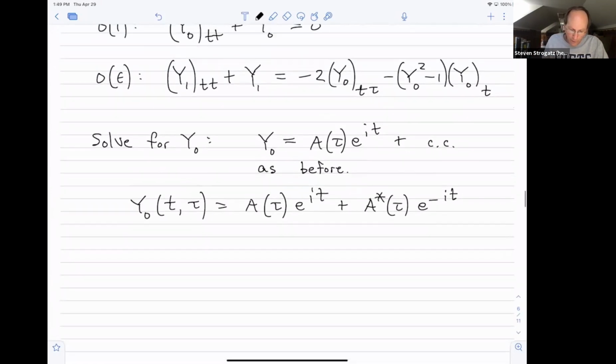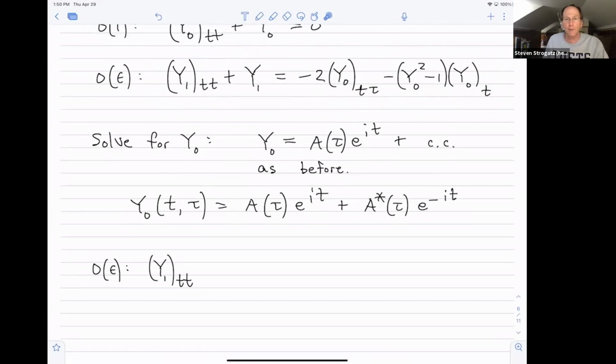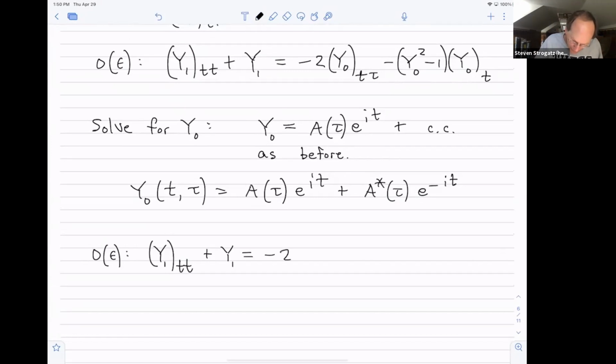So let's now go up and look at this order epsilon equation. That becomes y1 tt plus y1 equals, all right, this is going to take some fortitude, minus 2 times, I've got to do the t tau derivative of this expression.